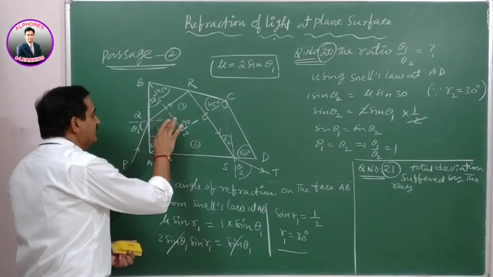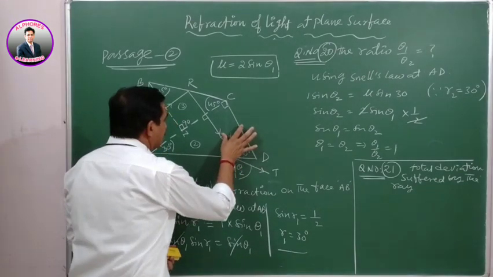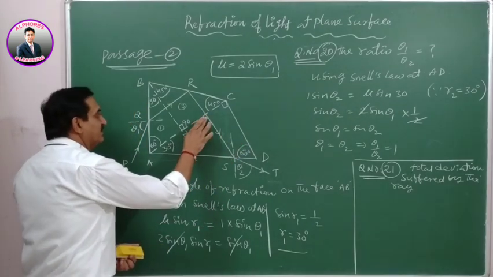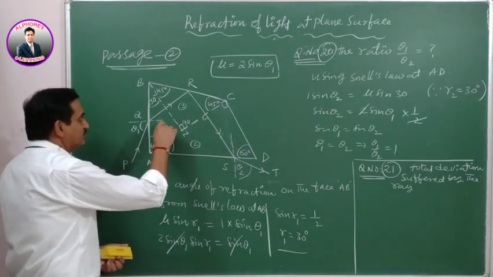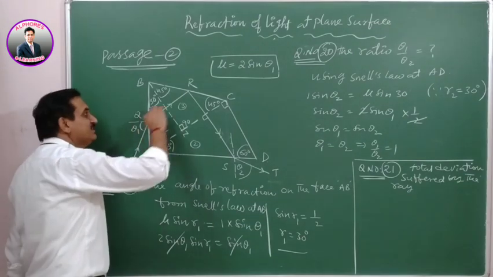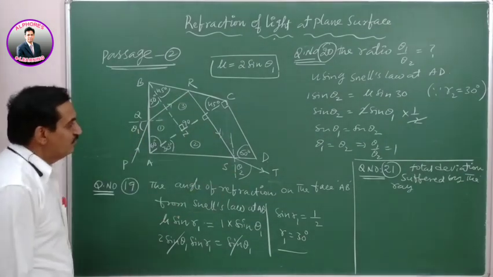Actually, R2 was not mentioned in the problem, and this is not mentioned, and this is not mentioned. So everything is given like this, as the ray path. By observing this ray path, we can decide what the angles are.